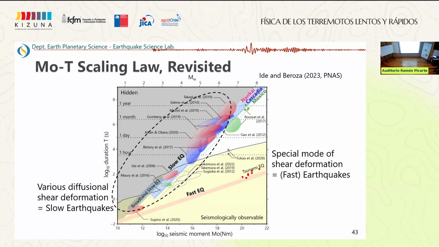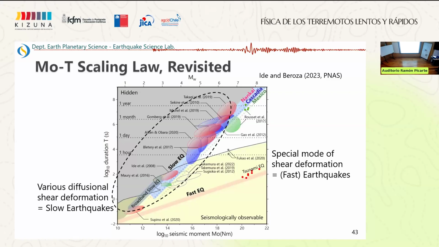So diffusional process is much more popular in Earth's interior. So probably there must exist a lot of different, diverse phenomena in this hidden region. And slow earthquake phenomena must be very popular. And what we can observe is just the tip of the iceberg.